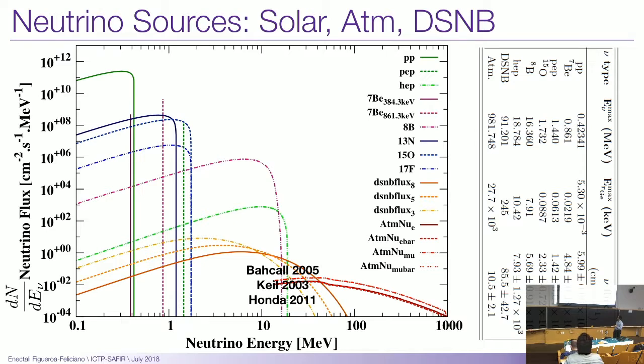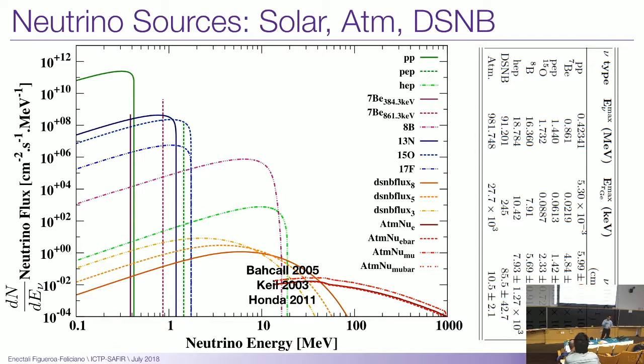And then you have the atmospheric neutrinos that look something like that, and they go to very high energies. And you have the diffuse supernova neutrinos here, which are kind of in the middle, and they only dominate over a small energy range here. But they do contribute to your overall spectrum.